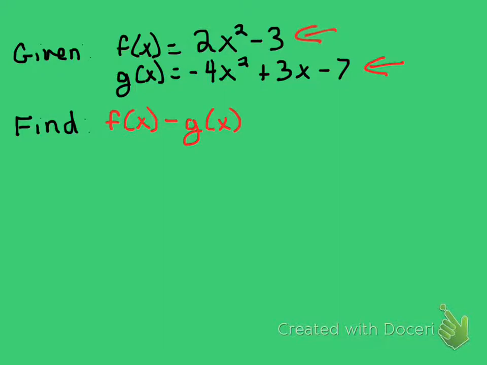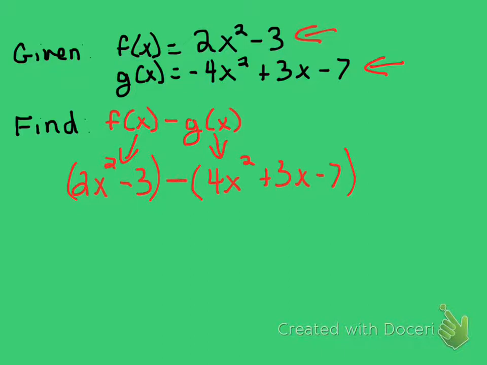Okay, so we know that the f of x function is 2x squared minus 3, and we know that the g of x function is negative 4x squared plus 3x minus 7, and we are subtracting those functions.